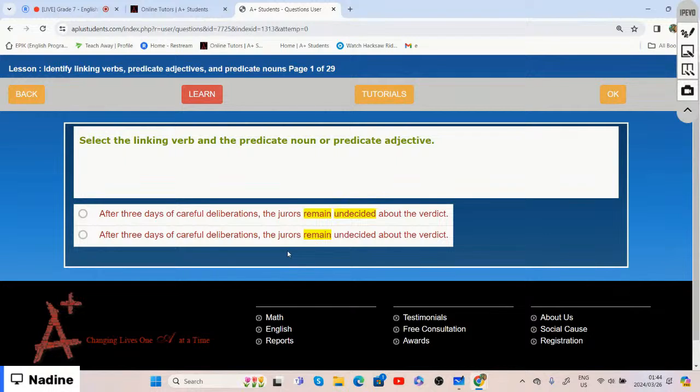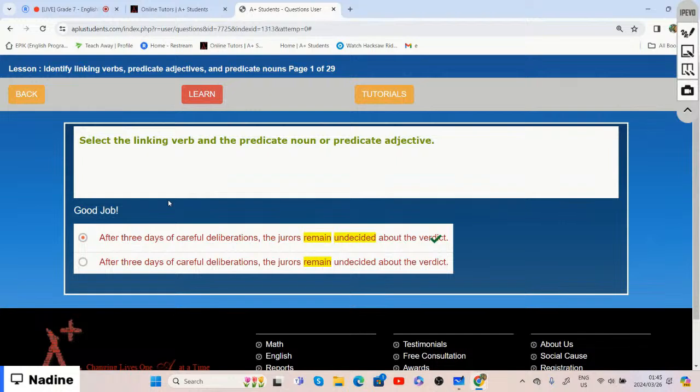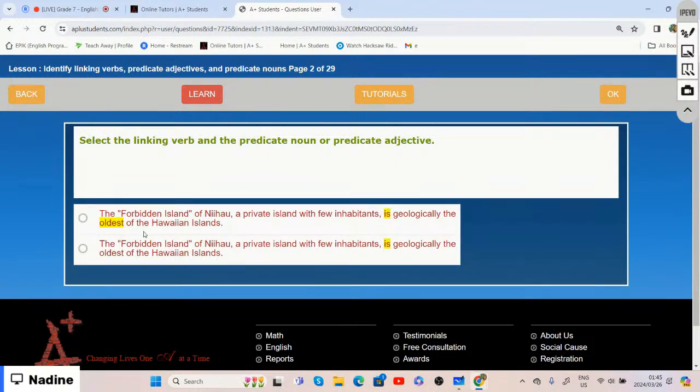If we were to select both, we would say remain undecided, because that is both the linking verb and the predicate adjective.